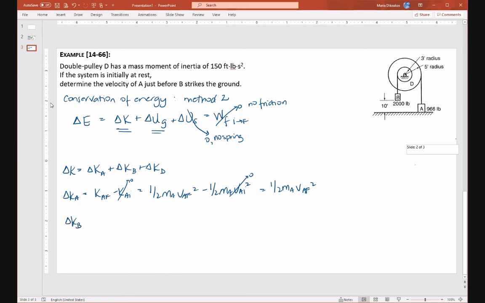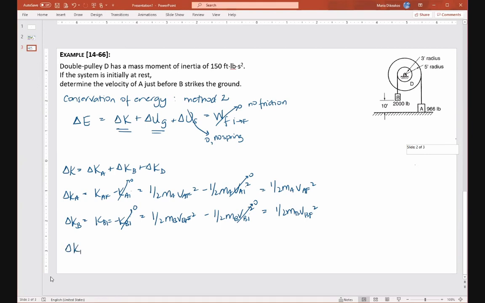The change in kinetic energy of mass B, KB final minus KB initial, is equal to 1/2 MB VB final squared. All I'm doing is putting in the definitions. Minus 1/2 MB VB initial squared. Again, we're told that they start from rest, so these are 0. So we just have 1/2 MB VB final squared.